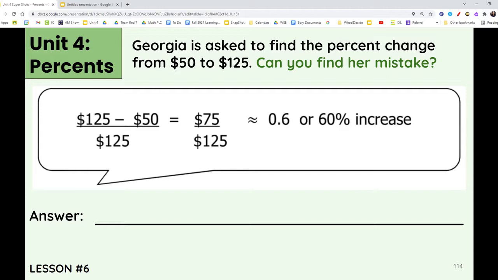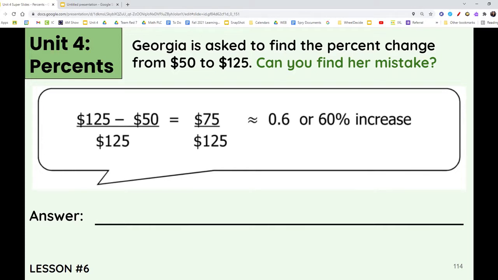Georgia is asked to find the percent change from $50 to $125. Can you find her mistake? All right. So it looks like in the numerator, she does $125 minus $50, and she divides that by $125.